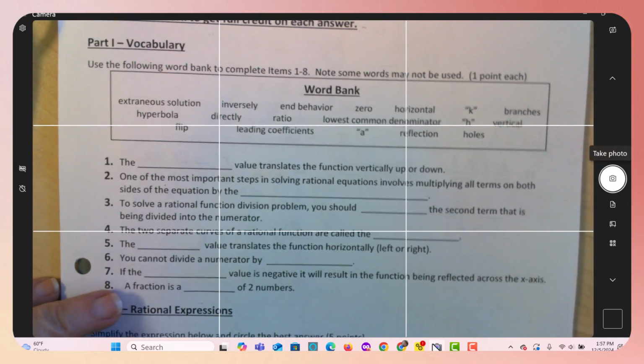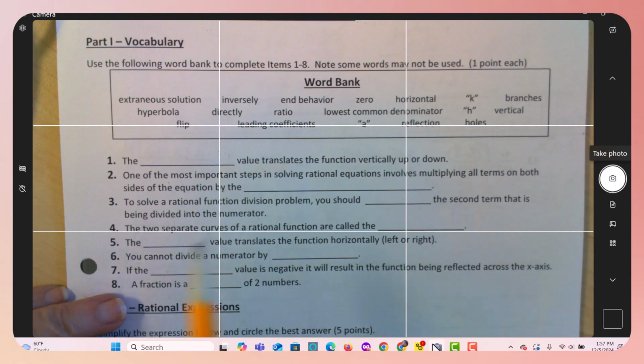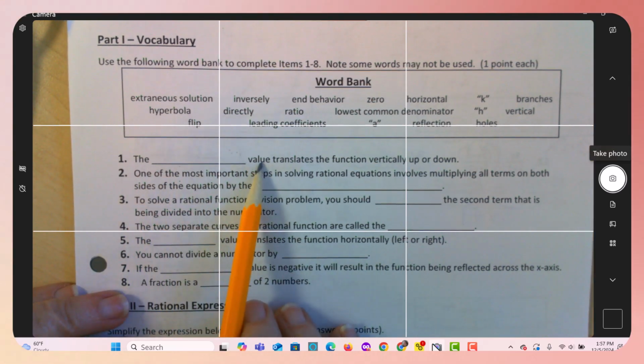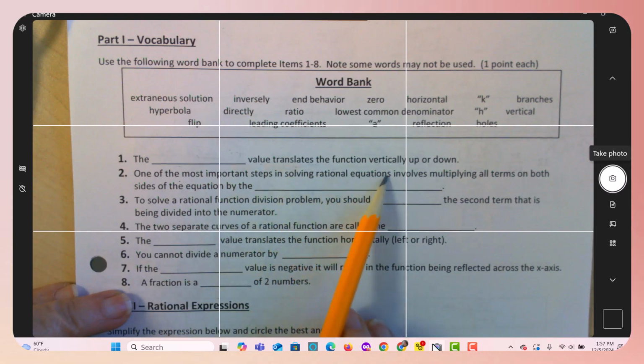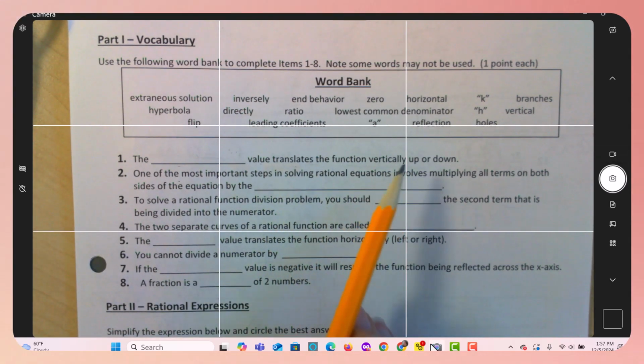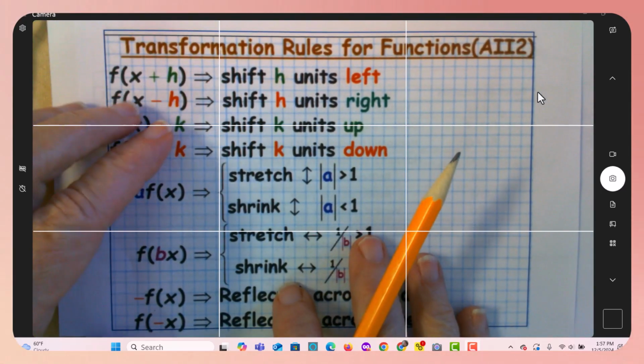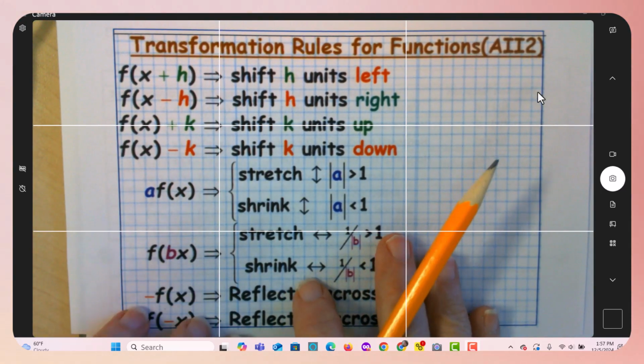All right, now we have this word bank. So read number 1. The blank value translates the function vertically up or down. So I've given each of you a set of notes. They look like this. It's just 2 different ways.